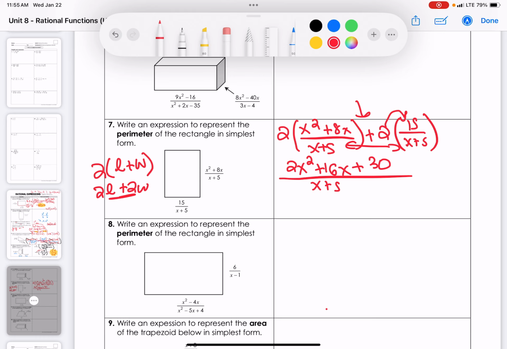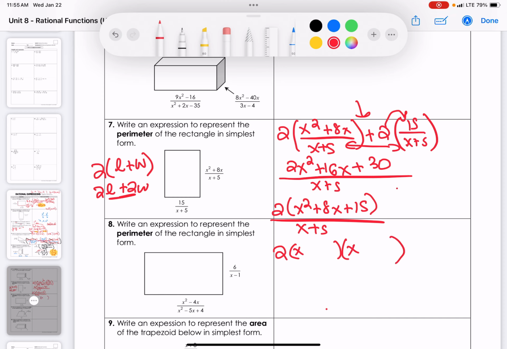All right, so once I factor, I noticed that all 3 of these are even numbers, so I'm going to factor out the 2. So if I take out the 2, I'm left with x squared plus 8x plus 15 over x plus 5. And let's simplify some more. So 2, I have an x and an x.